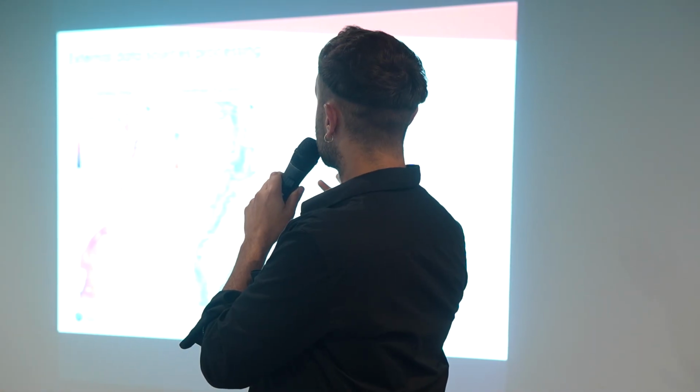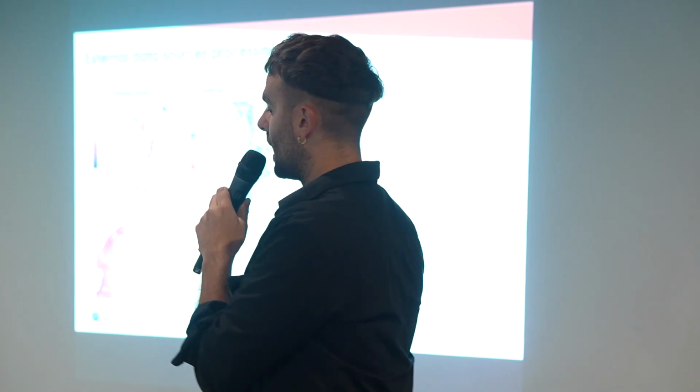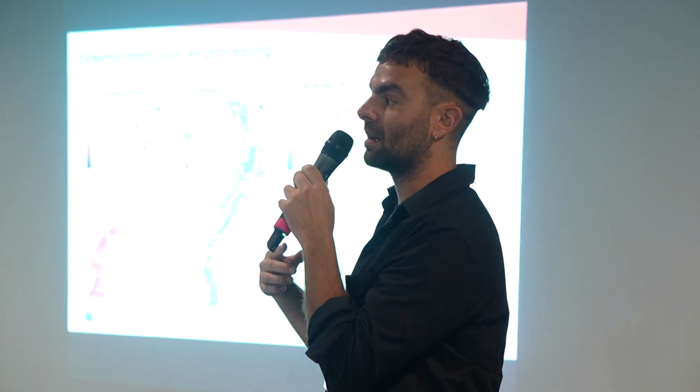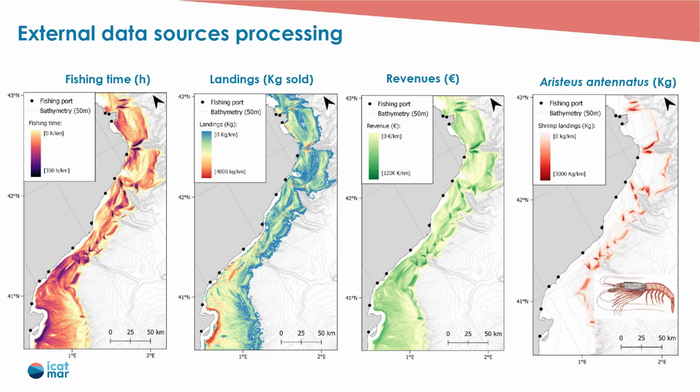And as we have this data together with the landings dataset, we can also do these other maps where you can see the landings. We can put the landings in space, and we can do the same with the economic information. So we can estimate the amount of euros that have been extracted from a specific area at sea. We can do this with all the species together, but we can also do it species by species.